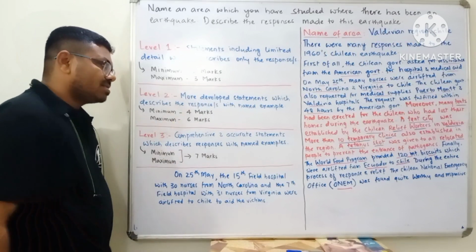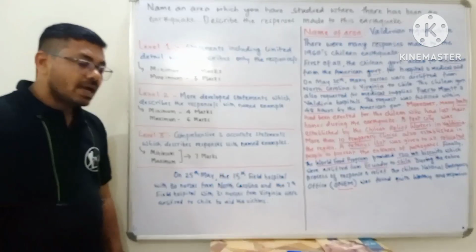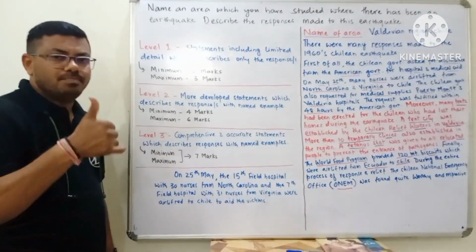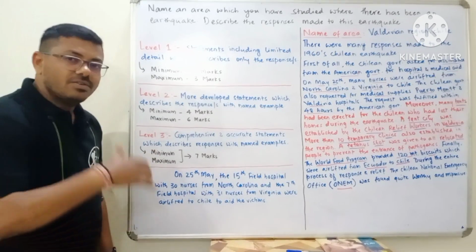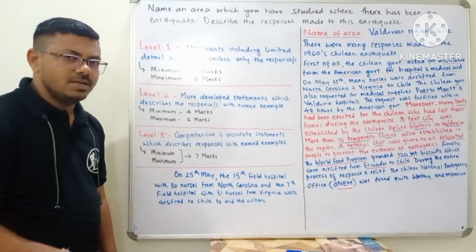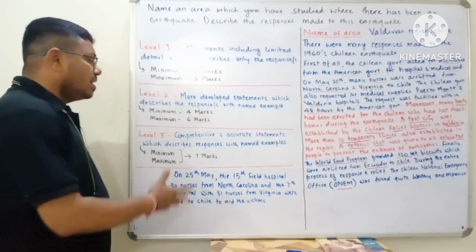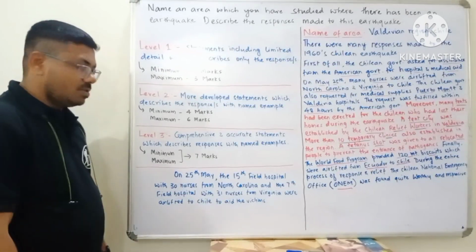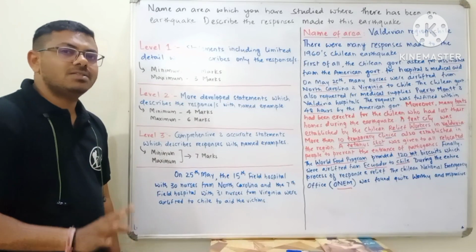And level 3 is the top level answer. If somebody is writing a very extraordinary answer about a case study, describing everything about the question which has been asked, then the student will get 7 out of 7 marks. So minimum and maximum mark both are 7. 7 out of 7 means a level 3 answer.